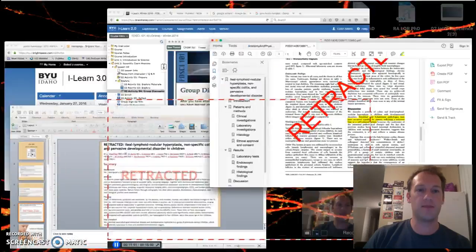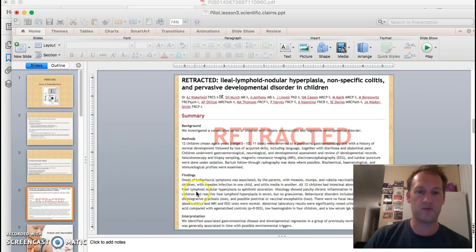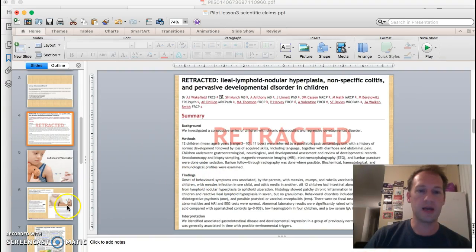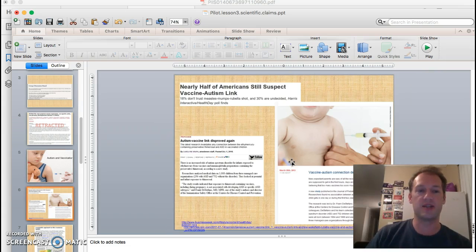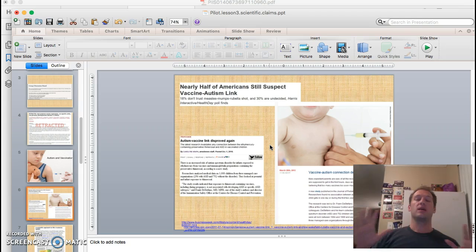So with that in mind, I'm going to come back over here. Again, really quick, this is the thing that led to the entire autism versus vaccination thing. In numerous studies since, it's been shown that this is not the case. One of the things in science is that when we do these studies, especially if it's something that's supposedly groundbreaking, that's going to change the landscape, several other groups will verify that this is actually the case.